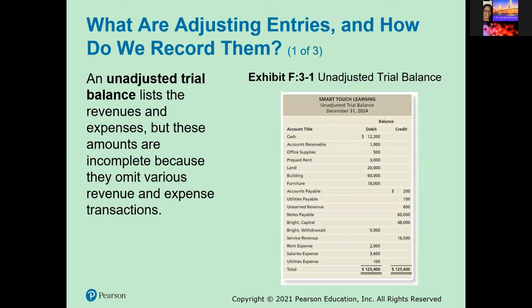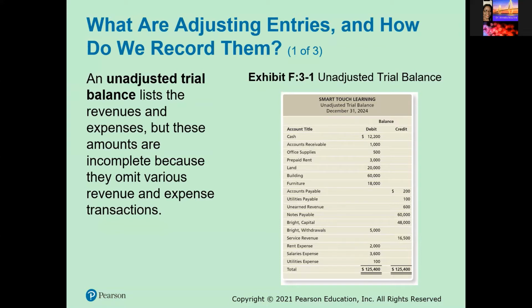The end of period process begins with the trial balance. The unadjusted trial balance is incomplete because it omits various revenue and expense transactions in the account balances. Accrual basis accounting requires the business to review the unadjusted trial balance and determine whether any additional revenues and expenses need to be recorded.